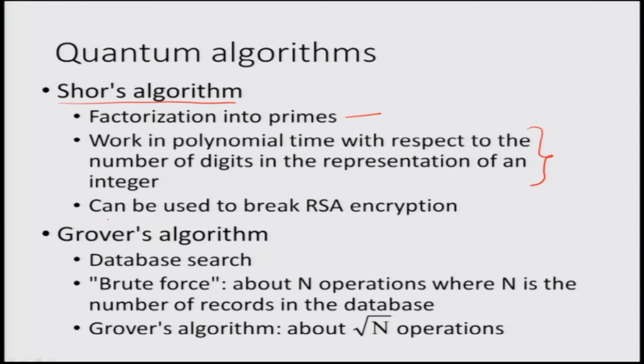Given this advantage, it can actually break the RSA encryption, because the RSA encryption is based on the principle of factorization of a very large number, which typically takes a very large time.